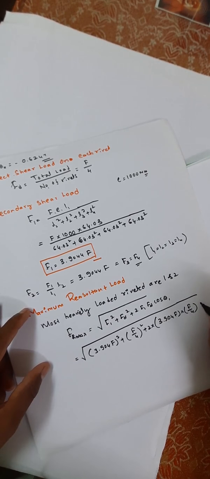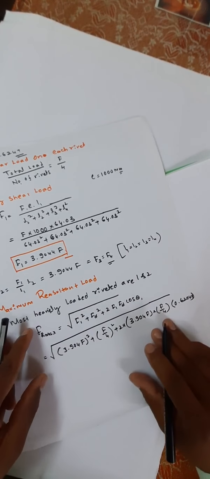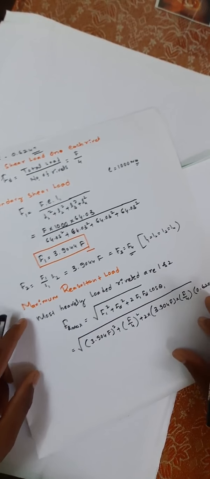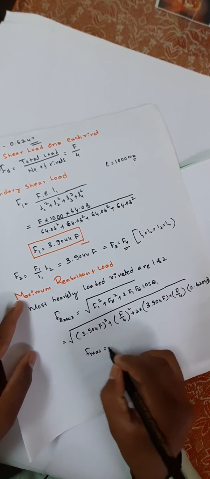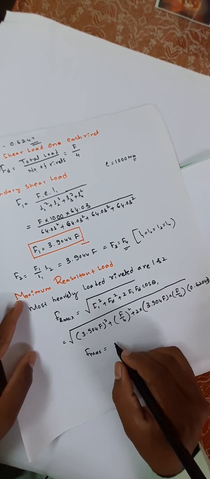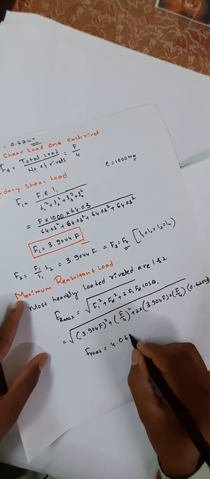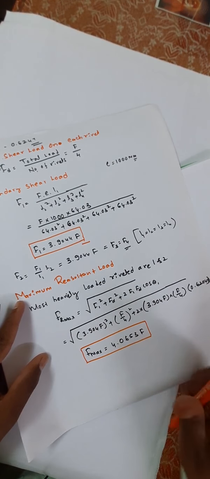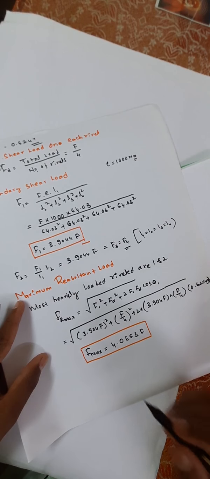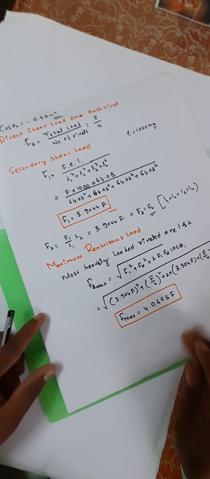We know cos theta 1 is 0.62047. If you simplify this whole term, we'll get Fr maximum is equal to 4.0653 F. This is the value we will get for this given problem.